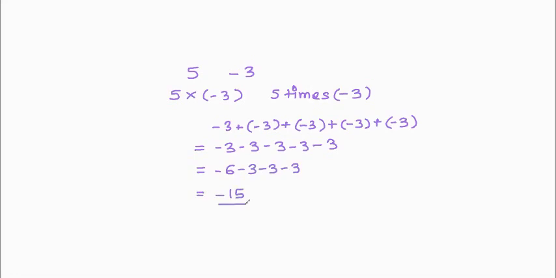So 5 times minus 3 is equal to minus 15, and we see that 5 times 3 is equal to 15.